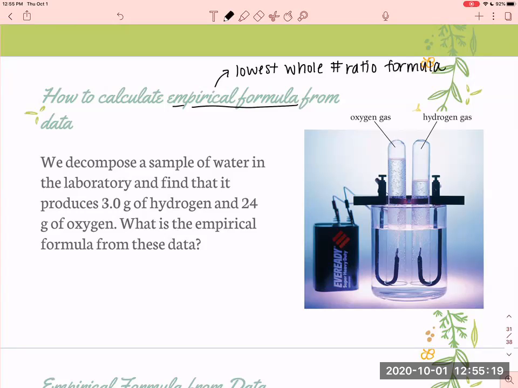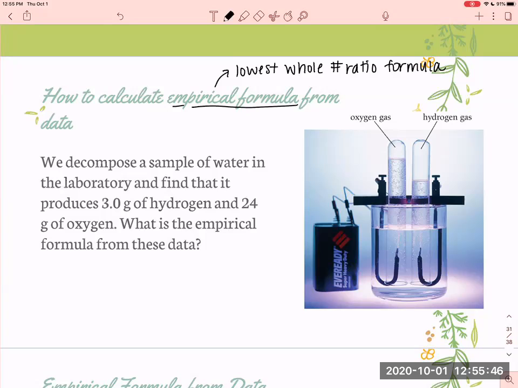I want you to think about what type of compound always is the lowest whole number ratio, and is there a type of compound that might not be the lowest whole number ratio? That's the type of compound that maybe is going to be more interesting for us to look at. So an empirical formula is just the lowest whole number ratio formula that you can get of a compound.